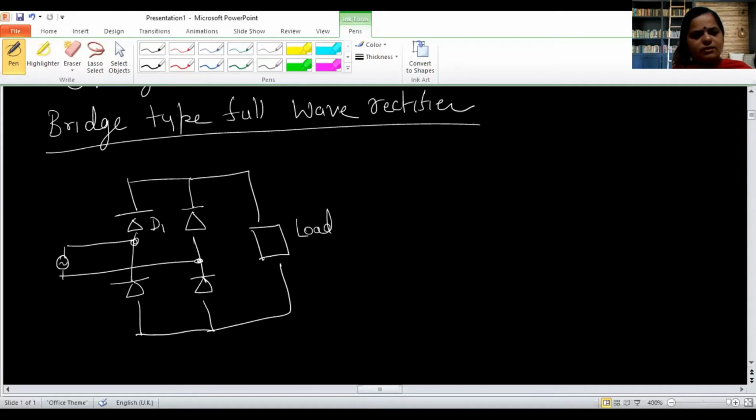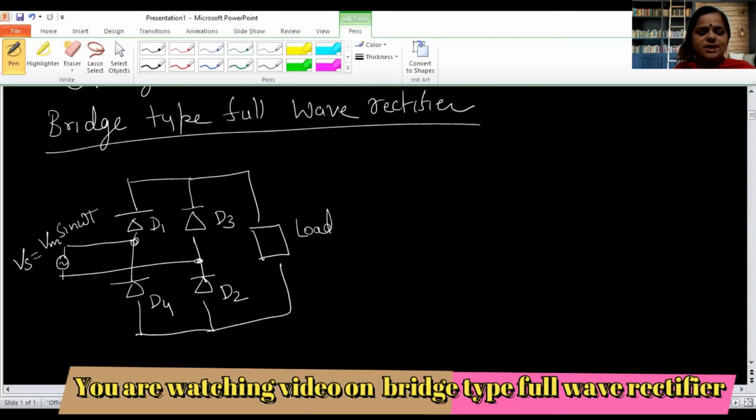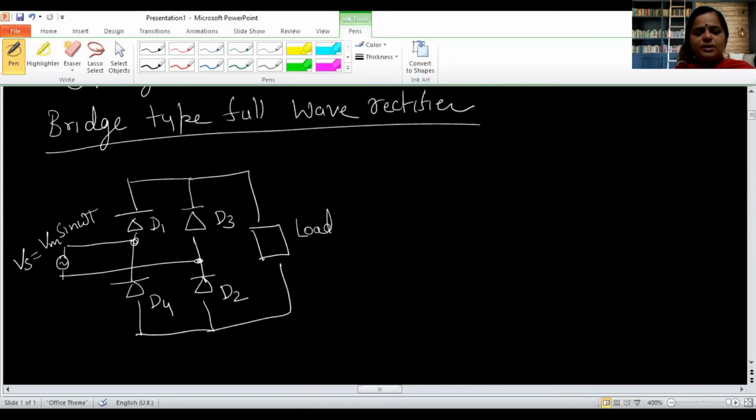Suppose this is D1, this is D3, this is D2, this is D4, and this is a supply voltage Vs, which we represent by Vm sine omega t. So this is the power circuit diagram of a bridge type full wave rectifier, where the AC supply is connected to the bridge circuit, which consists of 4 diodes, and this is the load.